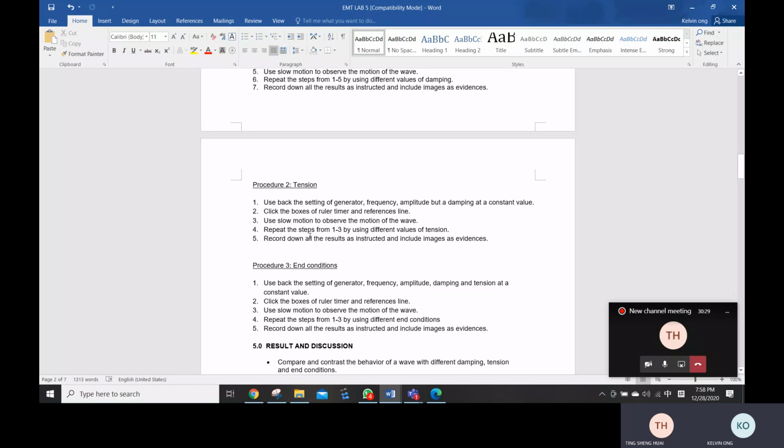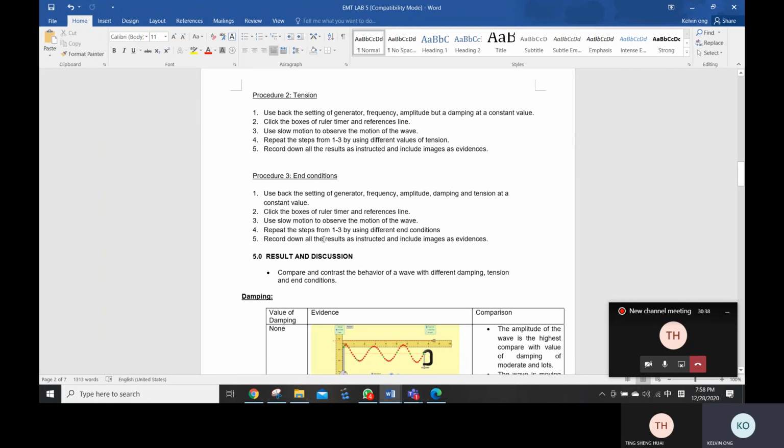Then we record the results as instructed and include images as evidence. For the last procedure, we just fix the types of end conditions, no end and fixed end, so we compare both end conditions and see the waveform of the wave.